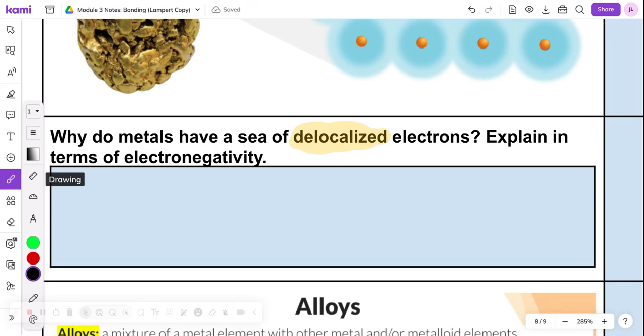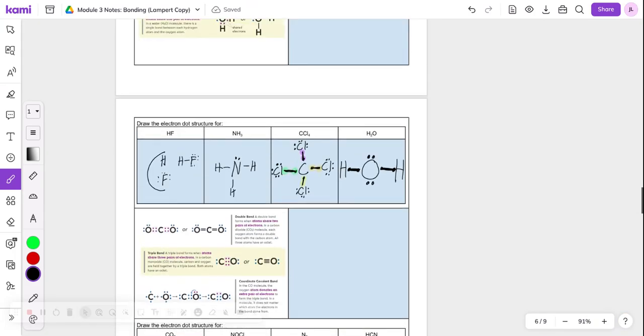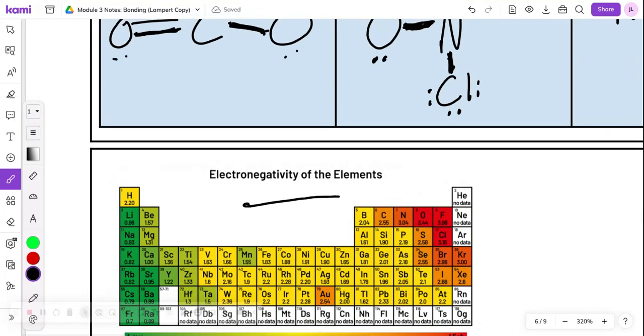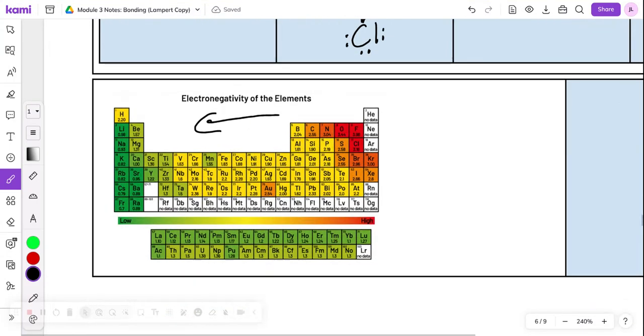All right, so in terms of electronegativity, let's refresh our memory here. Remember, the metals are on the left side of the periodic table over here. So we're trying to think about each of these elements. Now, all of the metals have lower electronegativities. That means that they hold onto their electrons very weakly.